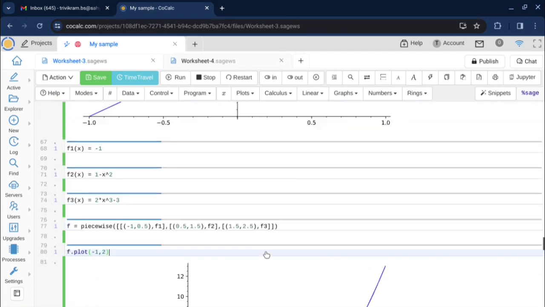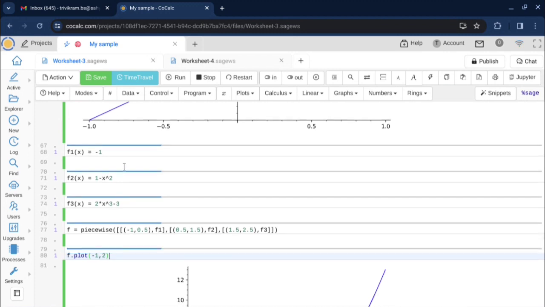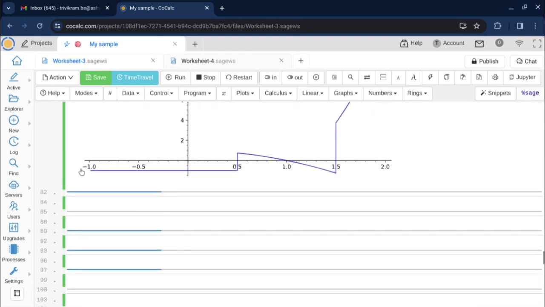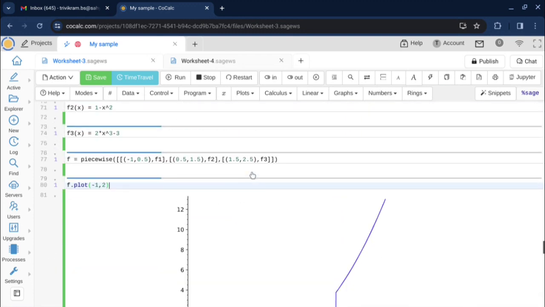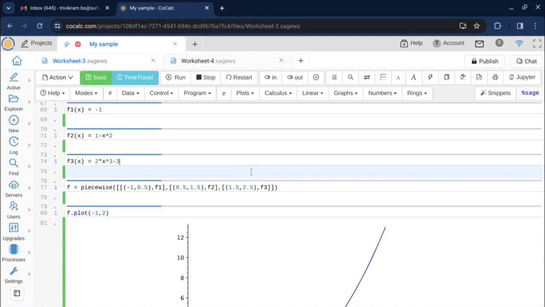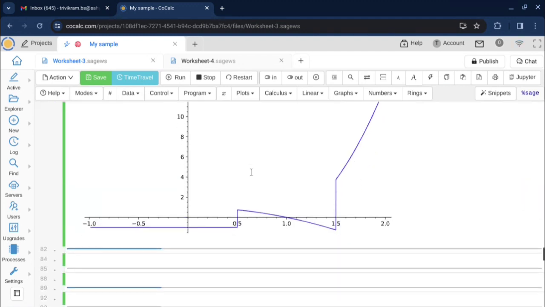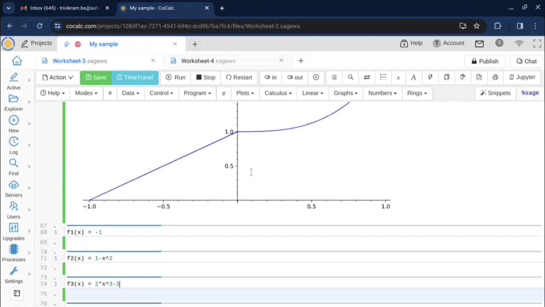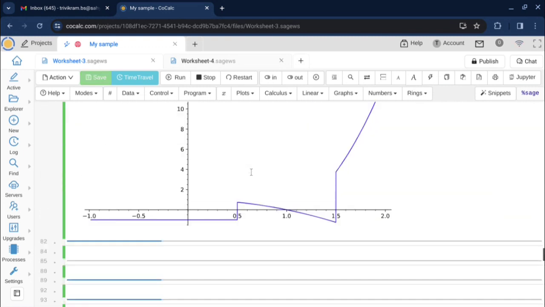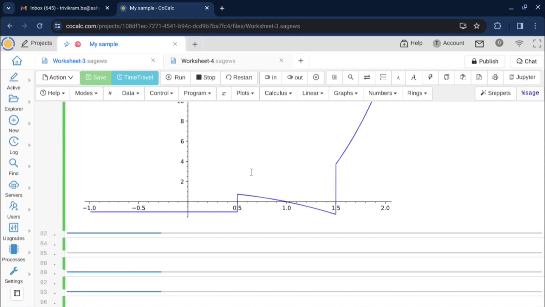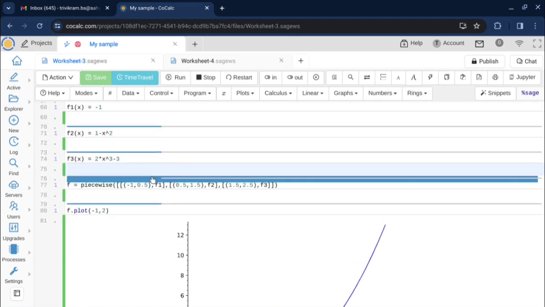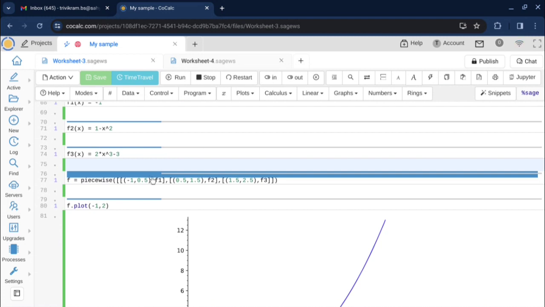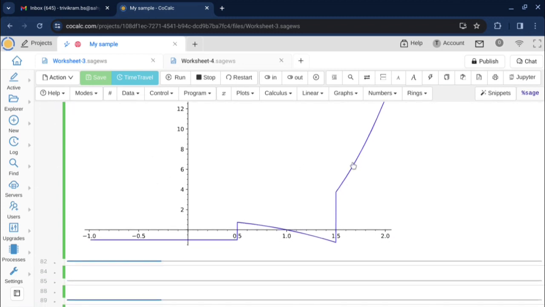So that means minus 1 to function 1. Function 1 is minus 1. So y is equal to minus 1 line up to 0.5. Next, from 0.5 to 1.5, it is 1 minus x square, it's a parabola. And from 1.5 to 2.5, it is function 3, that is a cubic function. So it is going like this.